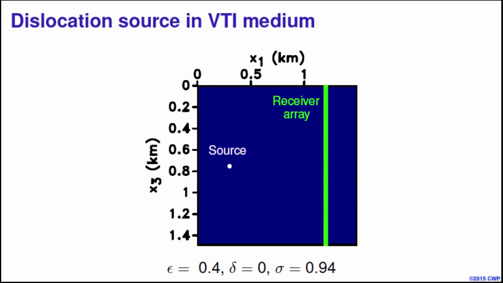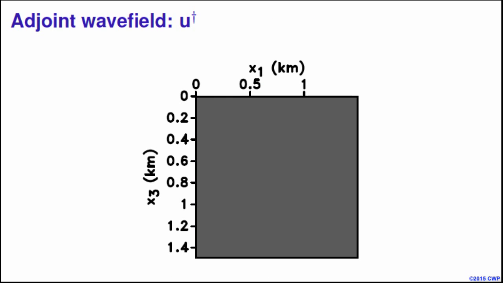So now let's consider this homogeneous VTI medium with one microseismic event and a vertical receiver array, where each vertical grid point contains a receiver. The initial estimates for this inversion can come from other techniques such as kinematic inversion, or even time reversal. Here I'm going to show how backpropagation of the adjoint wavefield can help us constrain the source location and maybe also the moment tensor.